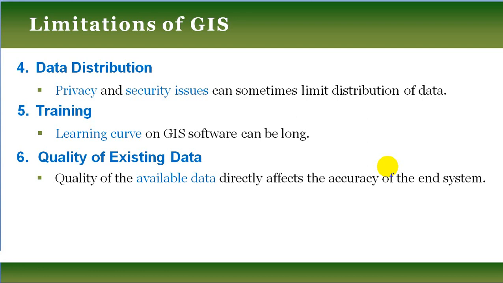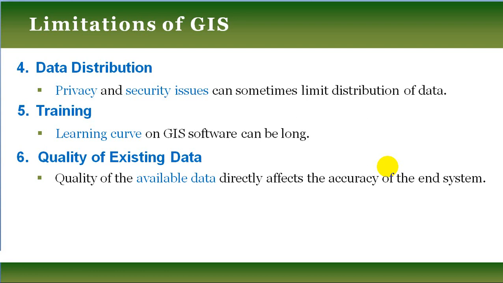Whichever type of data you are using in your GIS, when you perform different types of analysis and create new data based on it, definitely your new data will contain a lot of errors, because you prepared this new data from data which already has a lot of errors.